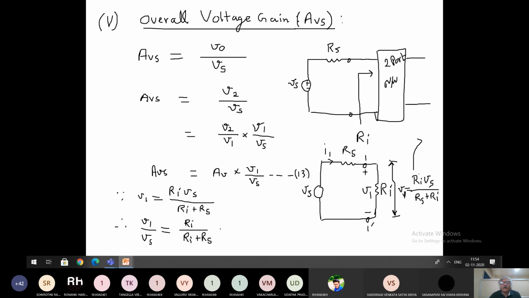Okay, and this is my 14. So V1 by Vs is in 14. This value we will replace in equation number 13. So from 12 and 13, what we got?